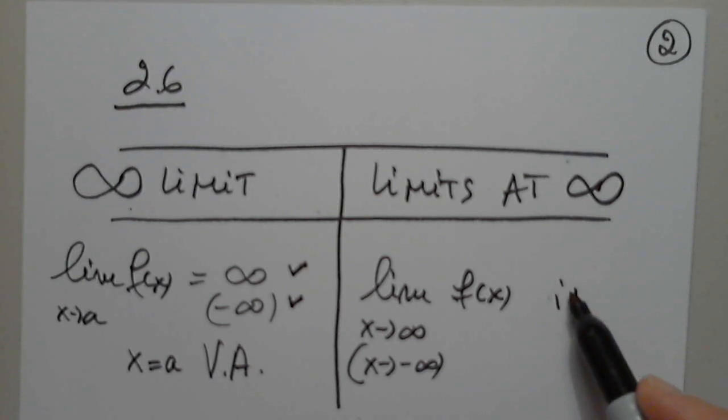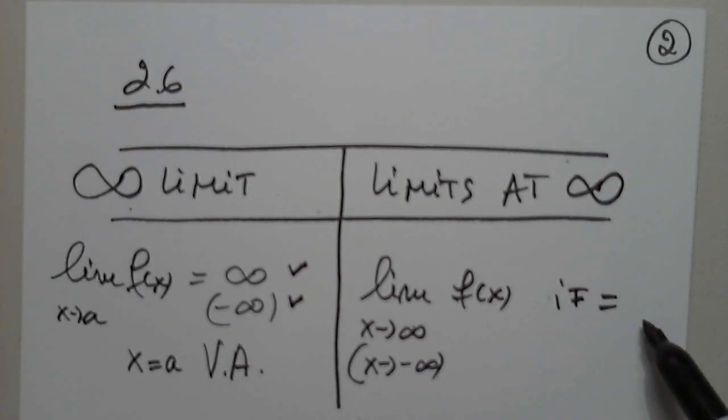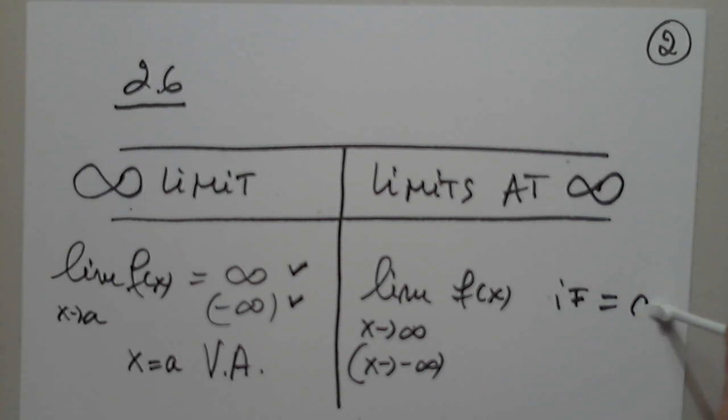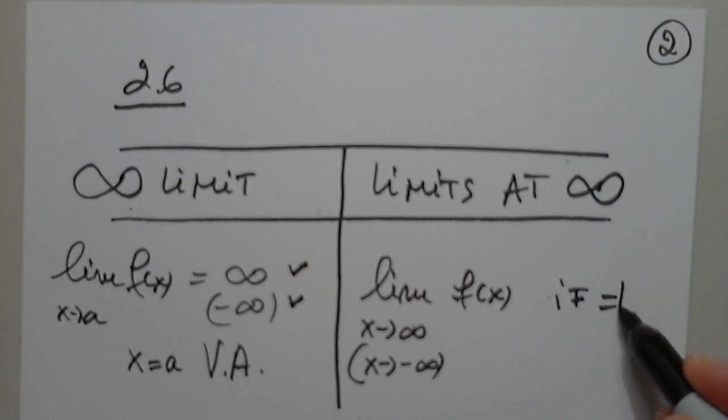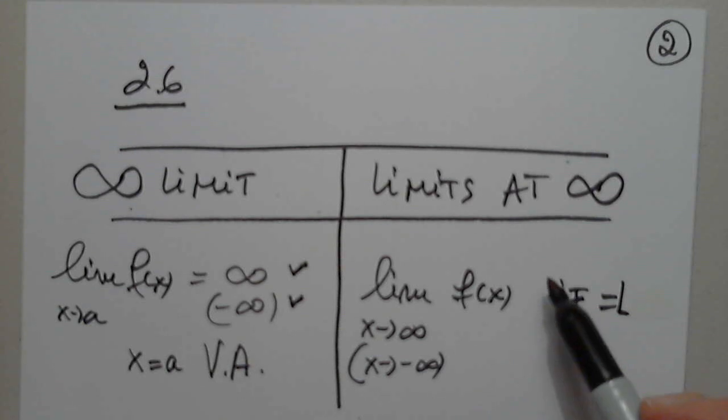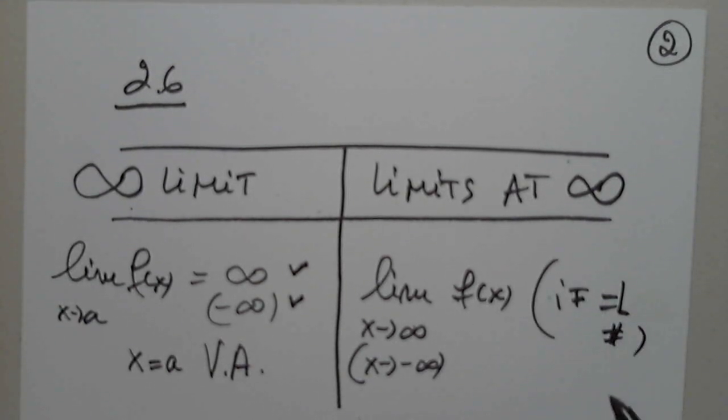If this is a number, let's say L, I don't want to use a because I don't want you to get confused. If it's a number, then y equals that number is a horizontal asymptote.